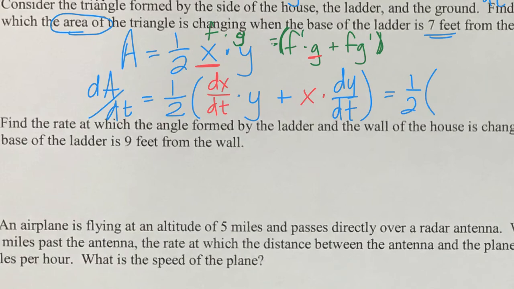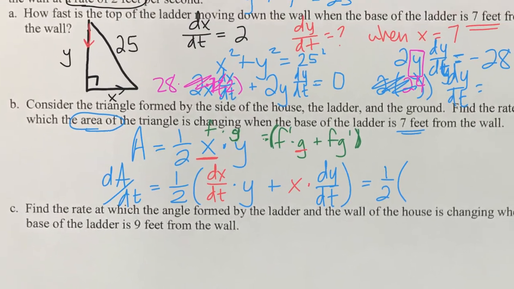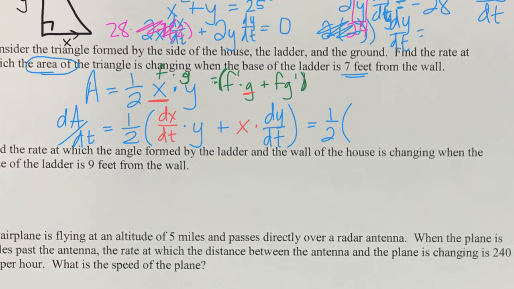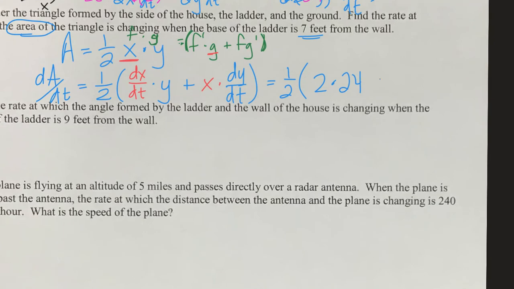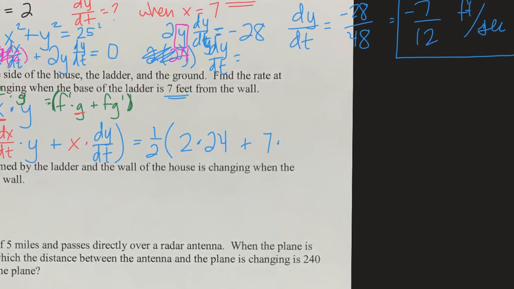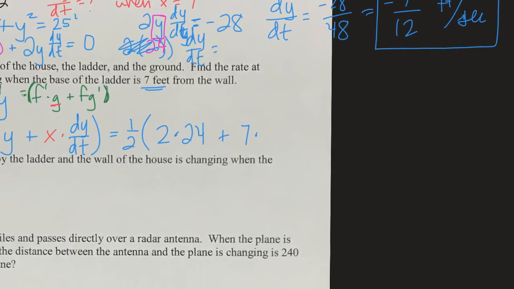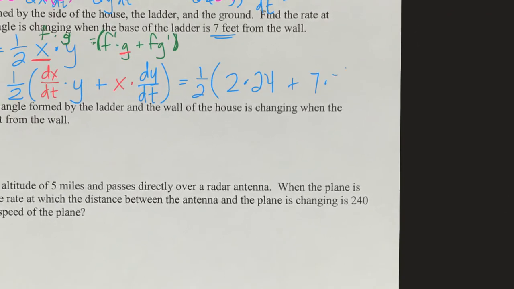dx dt from up above was, is that 2? Yep, so dx dt is 2 times, what was the y value? I believe it was 24. Yes, the y value was 24 from up above. Let me check. Yep, y is 24. Plus the x was 7, and dy dt, that was over here. dy dt was negative 7/12.